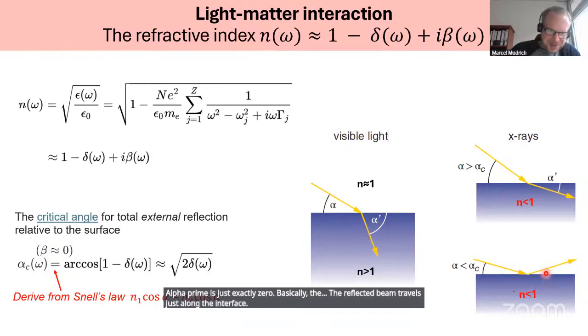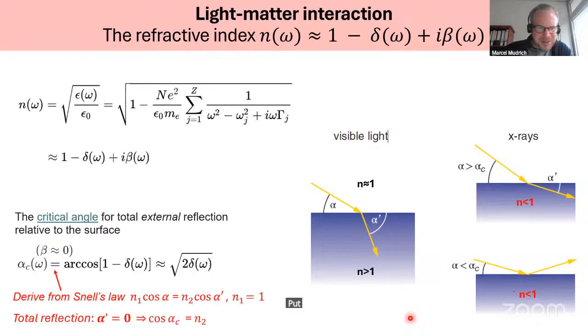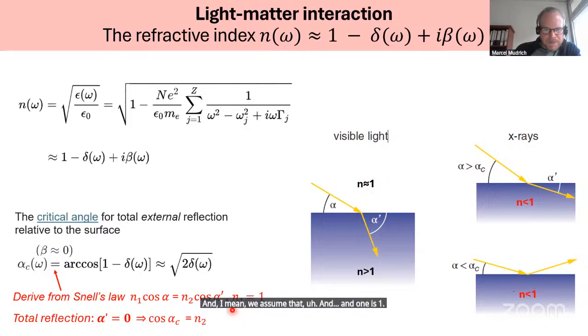So that's the only thought that you really have to put into the system. And we assume that n1 is 1, and alpha prime, the reflected angle, is 0. Then inject this into Snell's law.